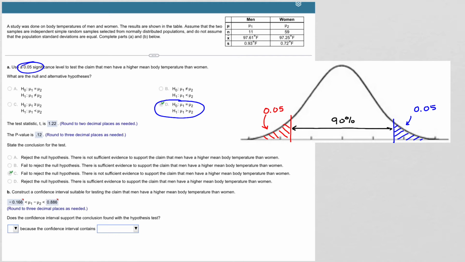So I look at this problem. It's a test about two means, and the samples are independent. So we're going to do a two-sample t interval. And we're going to put in the statistics that were given with the problem.